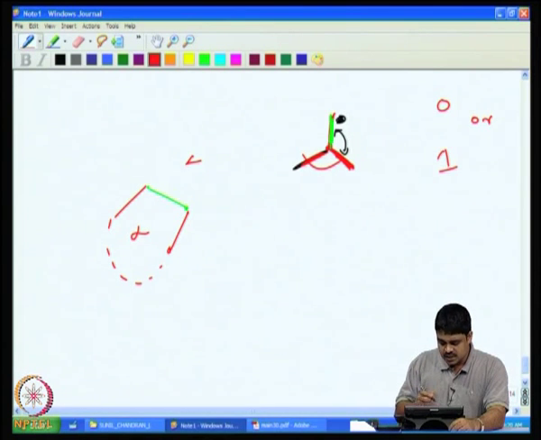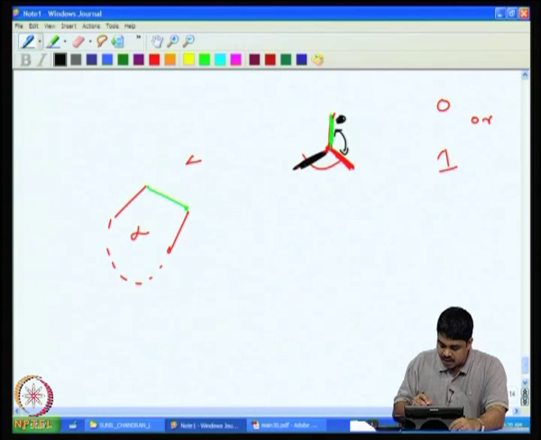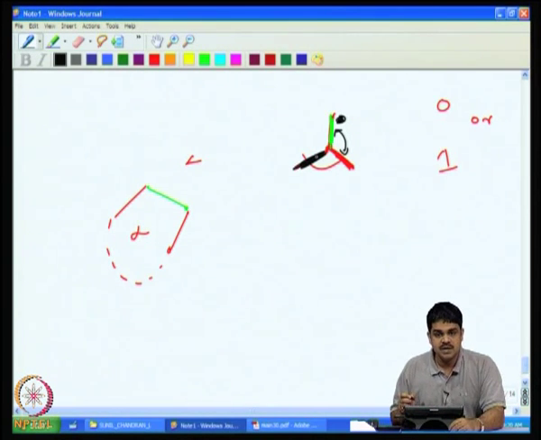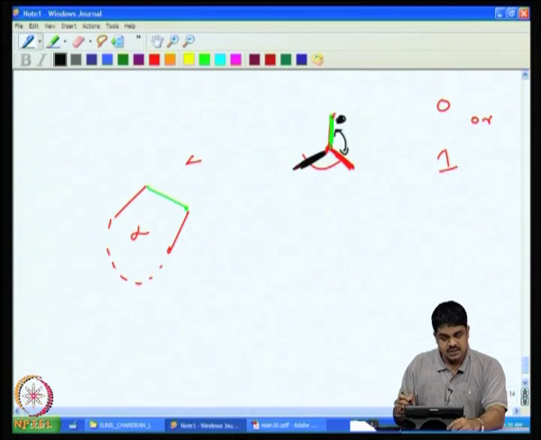Similarly, when I consider the red and black edges, there also the plane will be partitioned into several faces. Suppose I again color those using 0 and 1, right.